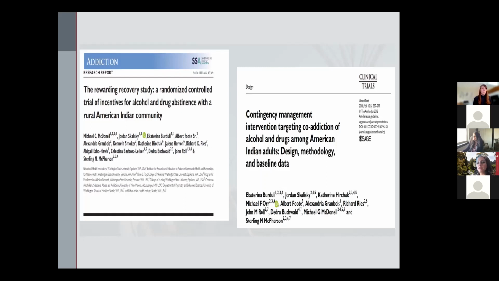And we also provide larger rewards for longer periods of abstinence, and then the reward is removed if that behavior isn't met. And CM is the most effective treatment for initiating abstinence, especially among stimulant use disorder.